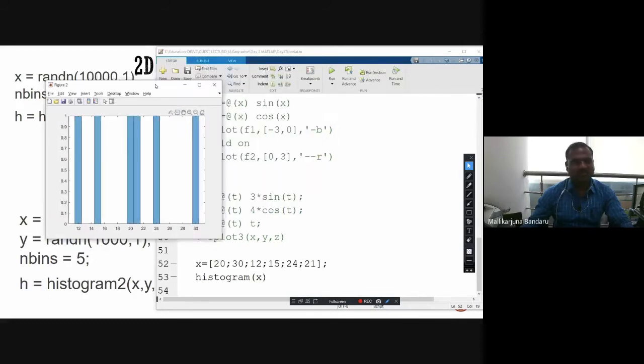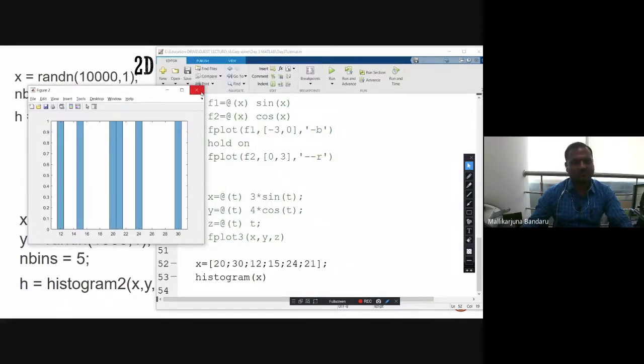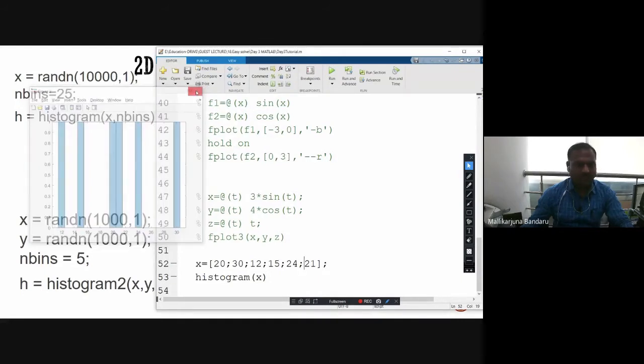Histogram of x. This is not giving properly.